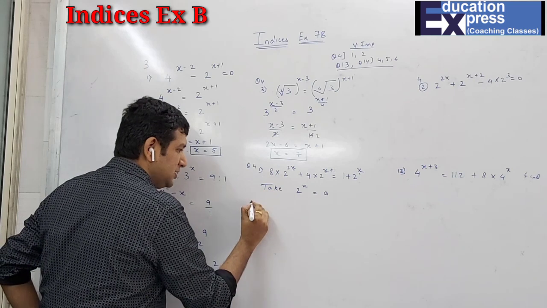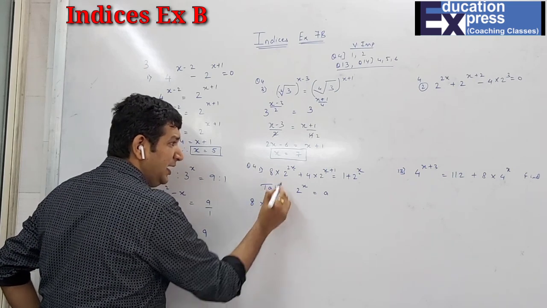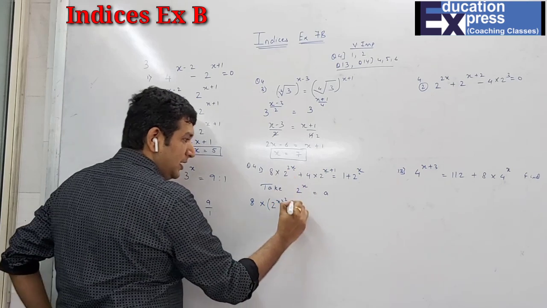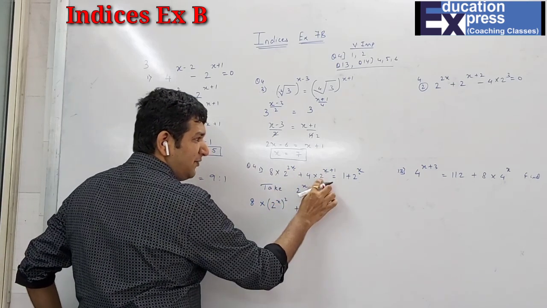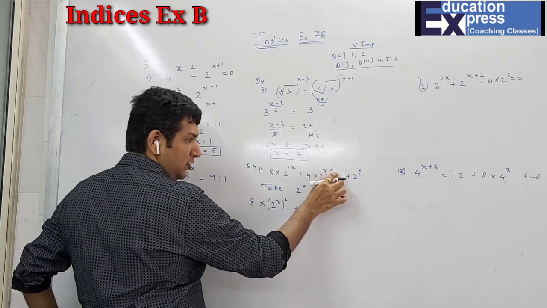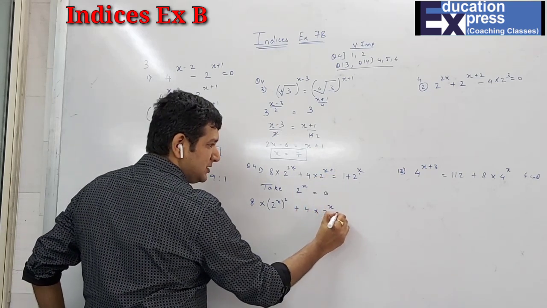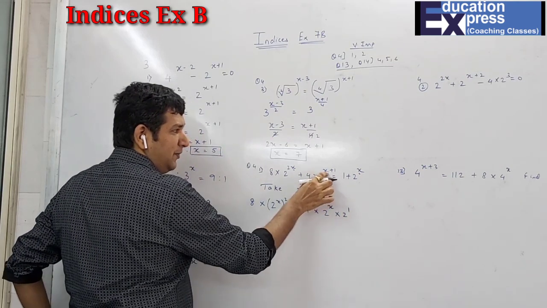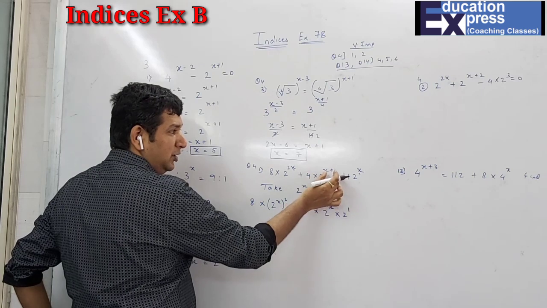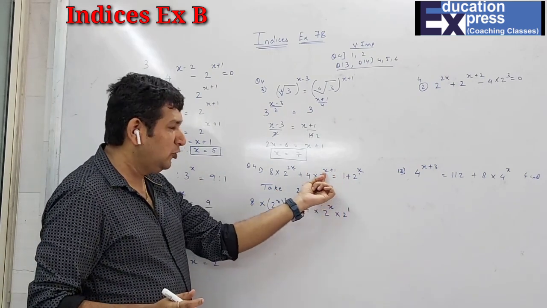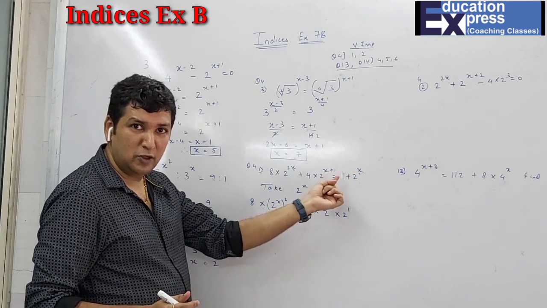So here first is 8 into 2 raised to x and here power is 2. Then plus 4. This I will separate because obviously this 2 is the base for both x also and 1 also. So 2 raised to x, it's plus multiplication 2 raised to 1. Students, remember this, when you have a binomial as a power, that base you have to give to each of the terms, that is 2 raised to x also and 2 raised to 1 also.